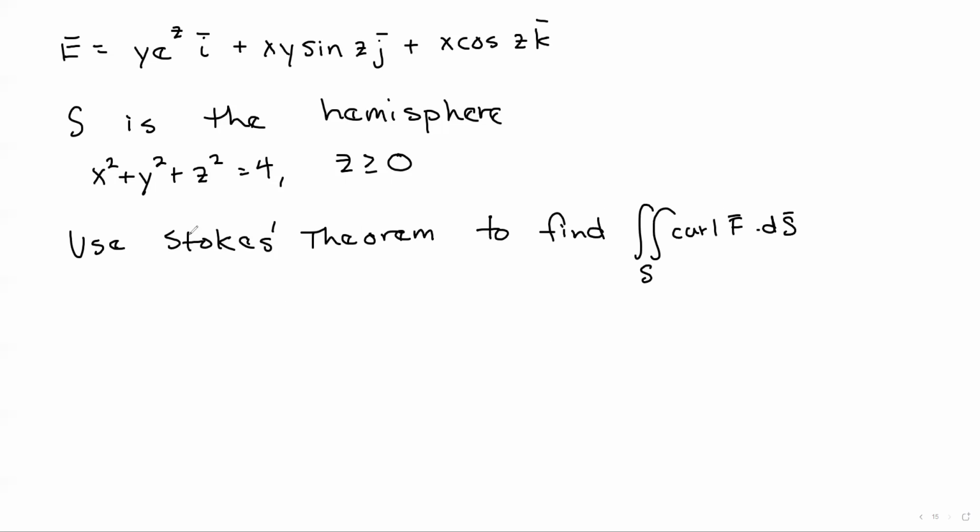All right, and so when you're told to use Stokes theorem to evaluate the double integral, that means we actually want to find F dot dr. Let's go through and sketch our object. So it's the hemisphere, the top half of the sphere.